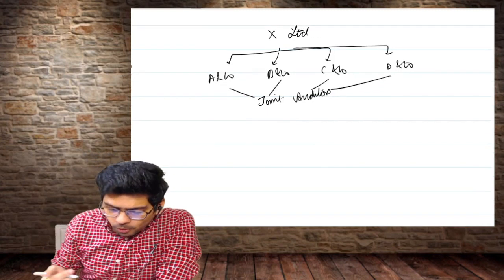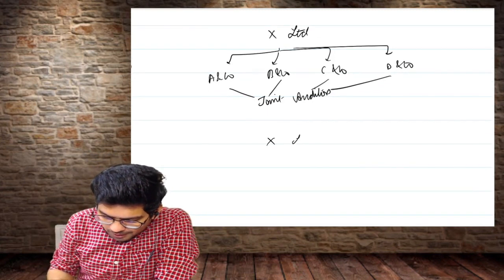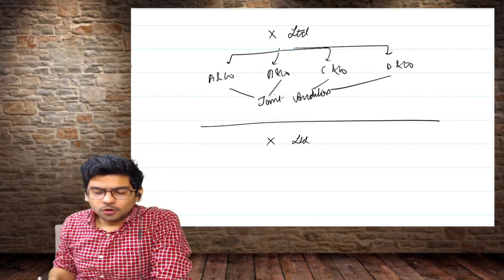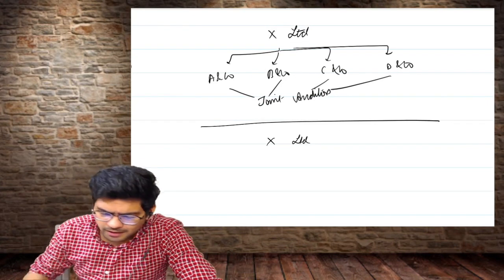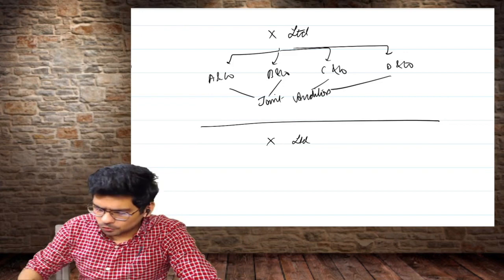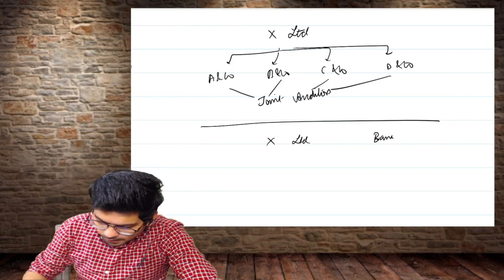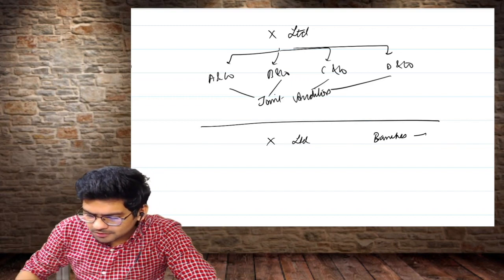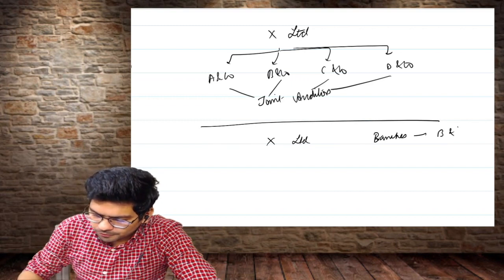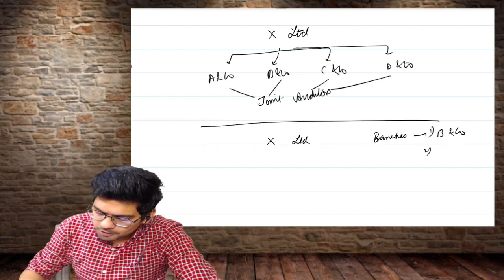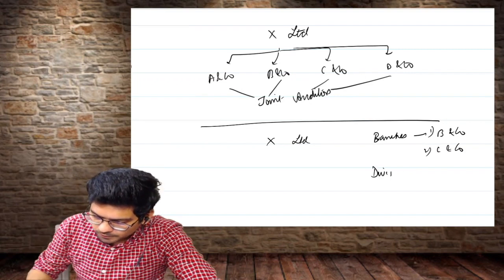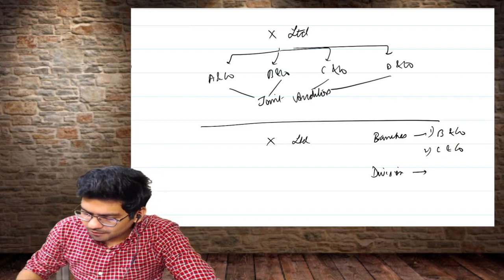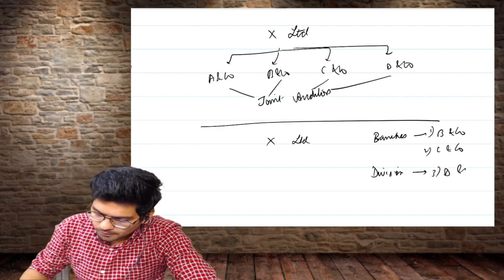Now it might also happen, let's say we talk about another case, X Limited. In this X Limited, let's say they have certain divisions and certain branches. For the branches they have 2 auditors: B and company for branch 1, and C and company for branch 2. For the division, let's say they have another auditor, D and company.